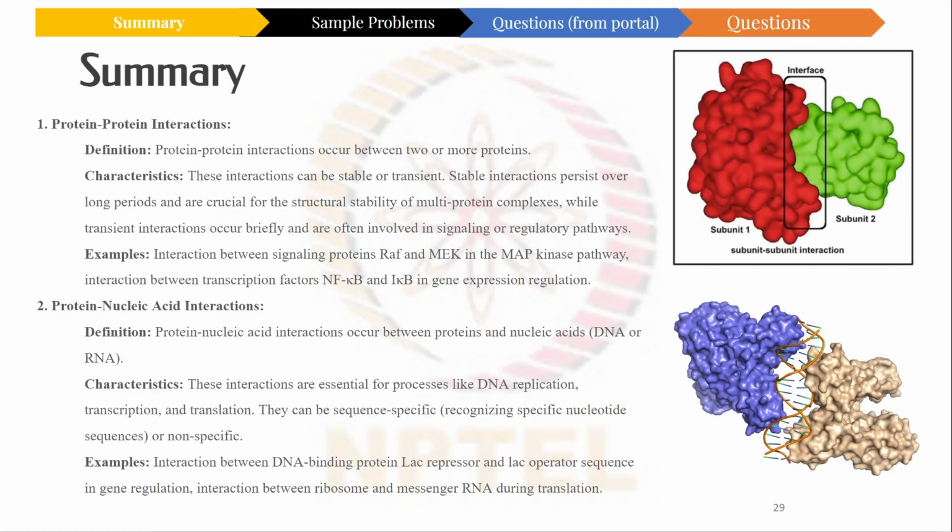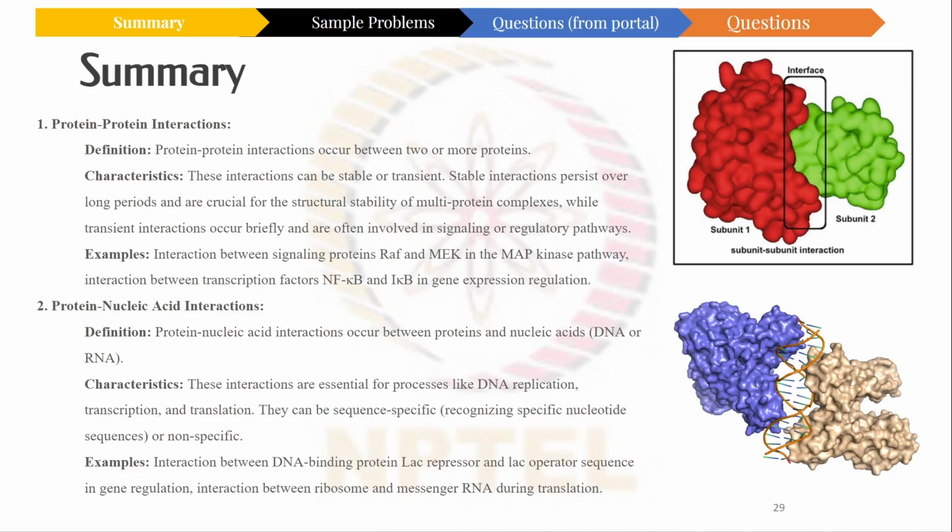Since the interaction of proteins with other molecules is crucial for folding, first I will try to define protein-protein interactions, which refers to the physical contact between two or more proteins leading to the formation of complexes or assemblies that perform various cellular functions.